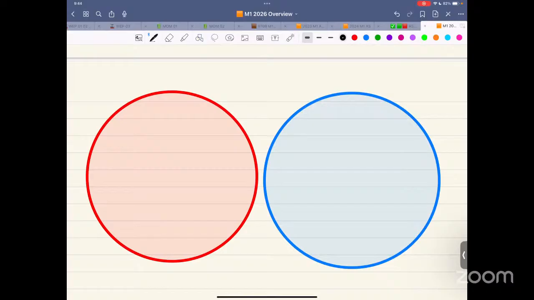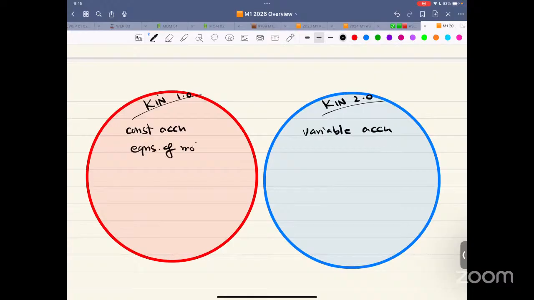The first kind is kinematics 1.0, and let me call the other kinematics 2.0. Of course, that's not the official numbering, I'm just doing it. Over here, constant acceleration. Over here, variable acceleration. When it says constant acceleration, yes, the equations of motion are perfectly valid. And for variable acceleration, the equations of motion are no longer valid, not applicable.